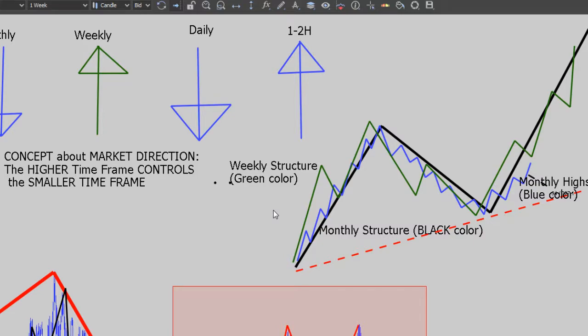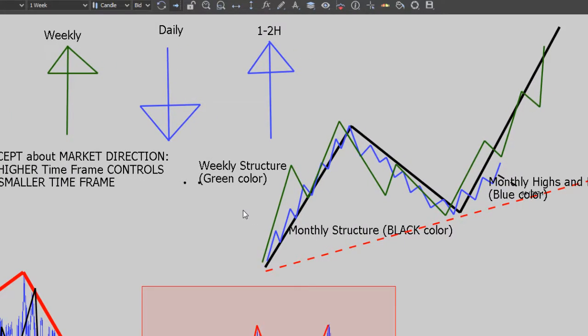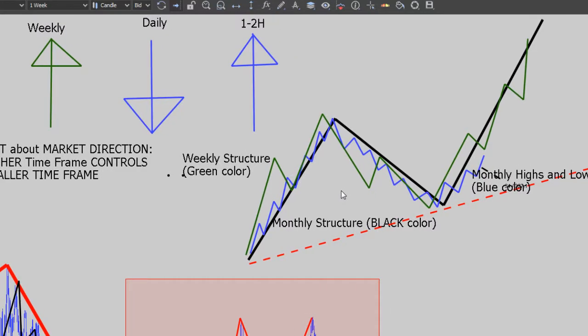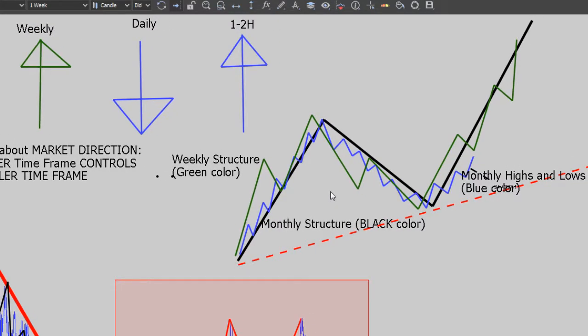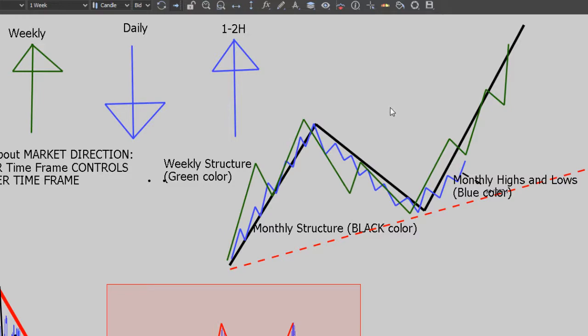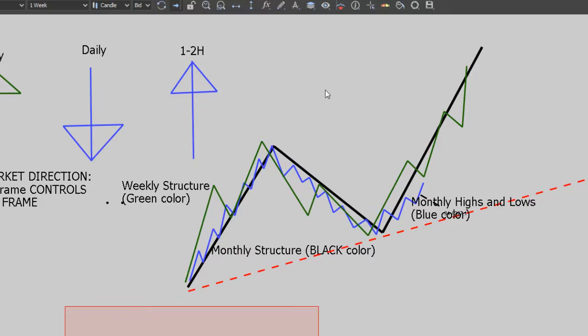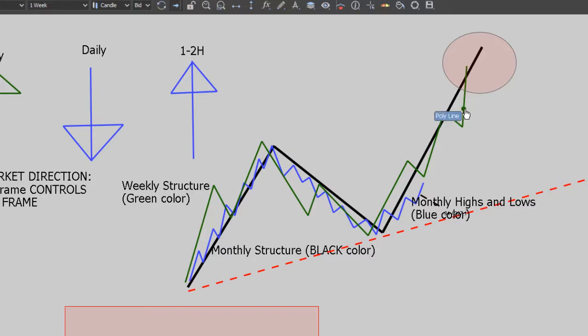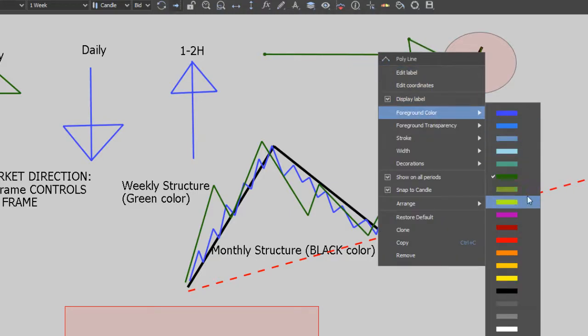Then you are going to have structure on the green, structure on the weekly, which is going to be different than the monthly highs and lows, and different from the monthly structure. But what I'm telling you, everybody, is that in the end, if the monthly is up, both time frames are going to end up here. This is the main point, everybody.